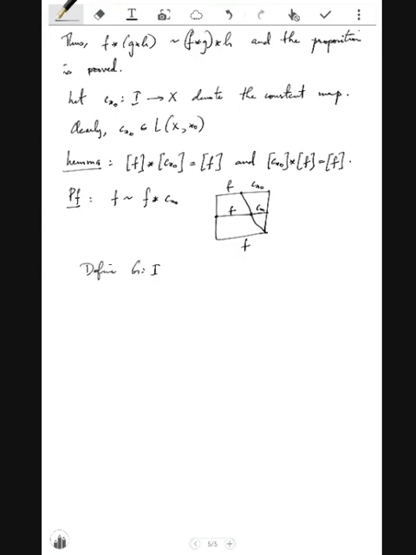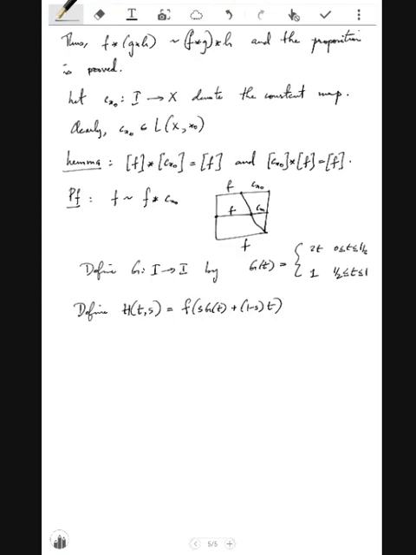Define G from I to I by... So one easily checks that this gives a homotopy, and to show that F is homotopic to C x naught star F, we will use a picture like this.